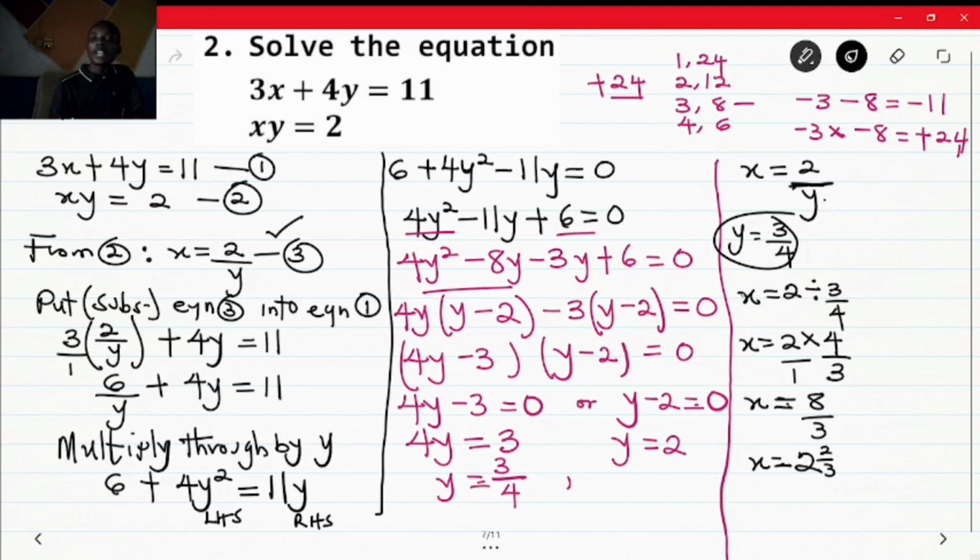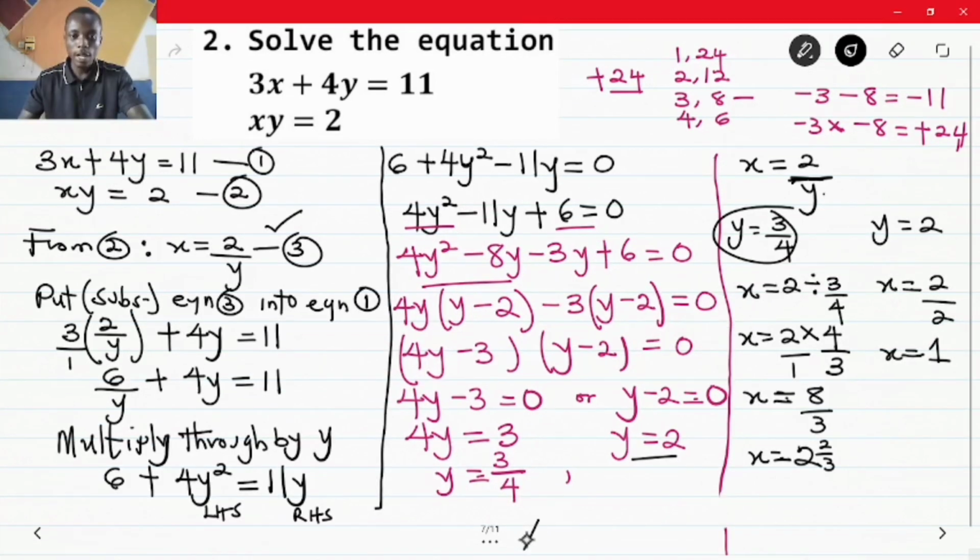So I do for the second value of y, which is y equals to 2. That one is very simple. That's 2 divided by 2, and x equals to 1.